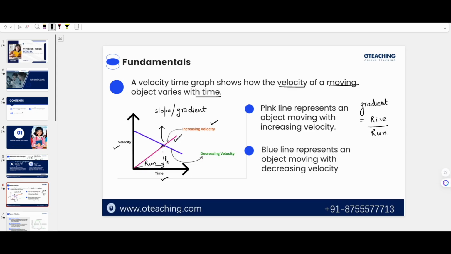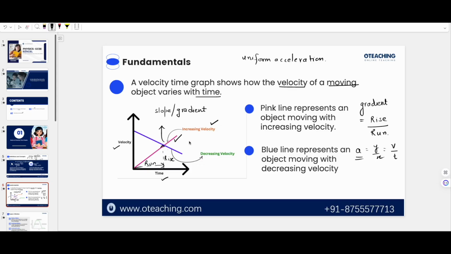So rise over run, in other terms, is y over x. On my y-axis, it is the velocity. On the x-axis, it is the time. So here it is the acceleration that will be represented using the velocity time graph. And as it is a straight line, it means it is a uniform acceleration.